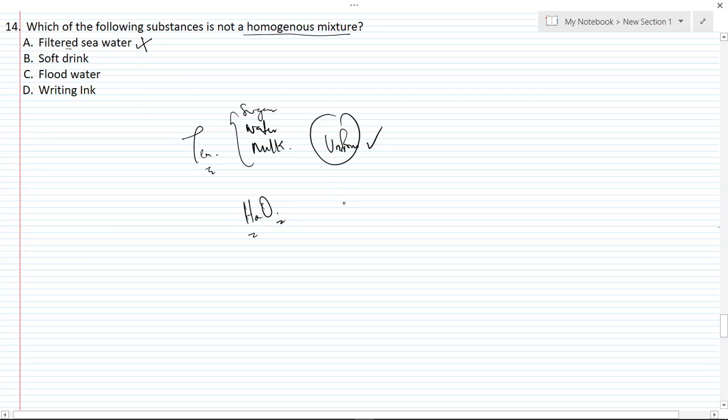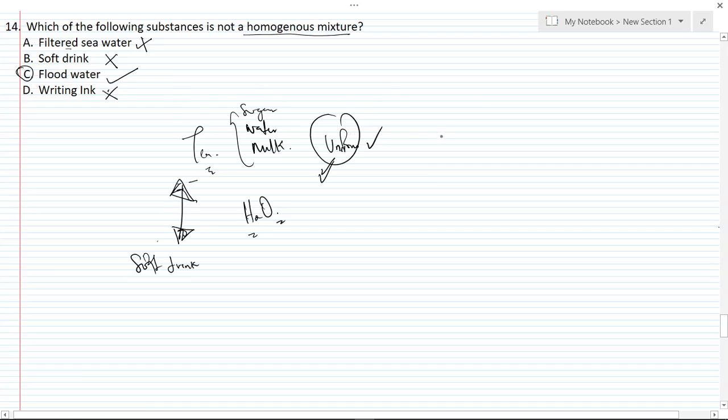Soft drink, same analogy with our tea. We can't really separate it into the flavor and the sugar and the water, so it's also uniform. So it can be soft drink. Writing ink is also uniform. Our only option left is option C, and that's the correct answer.